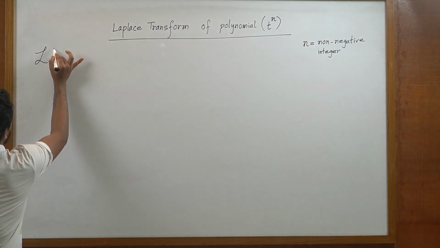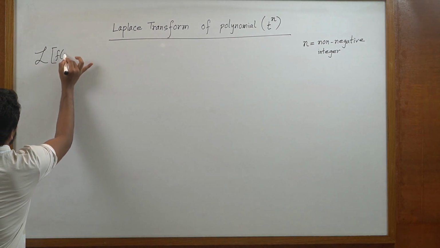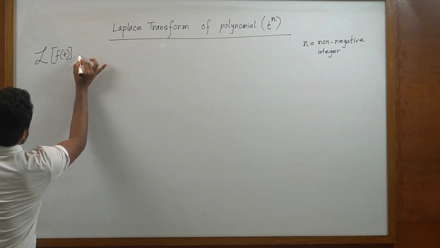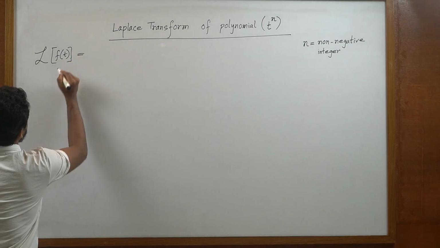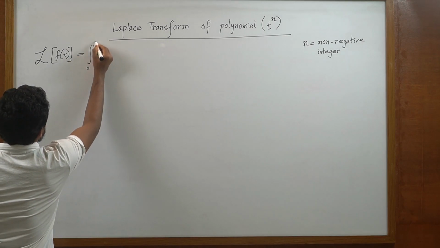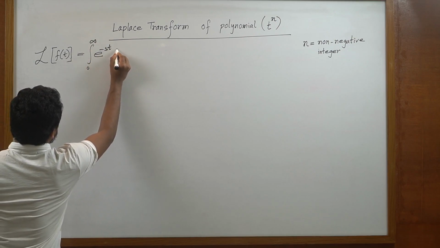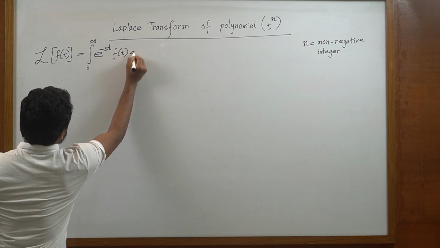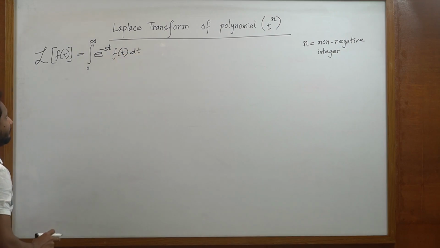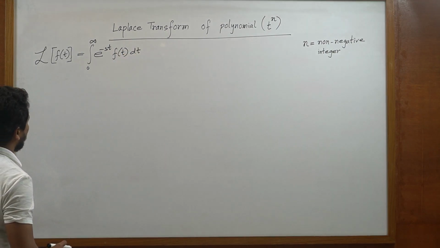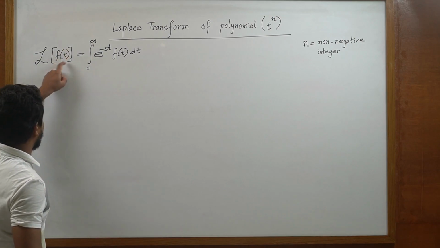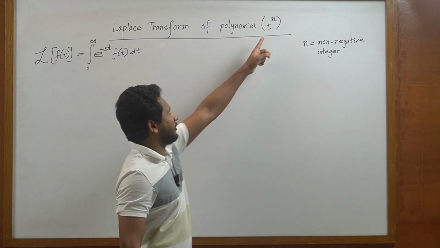The Laplace transform of a function of t equals the integration from 0 to infinity of e to the power minus st into f of t with respect to t. Now here f of t should be t to the power n.